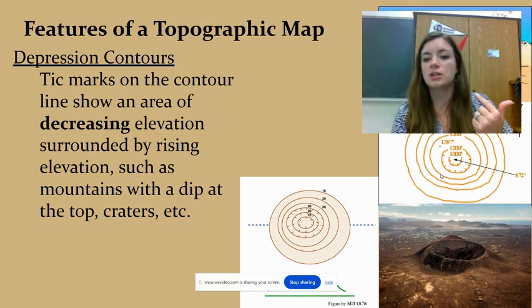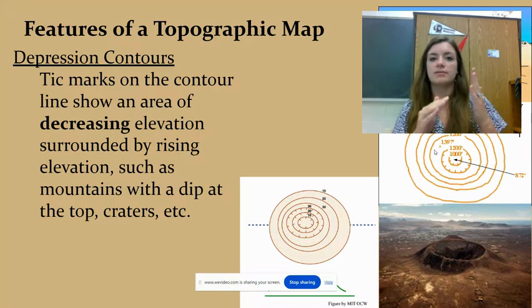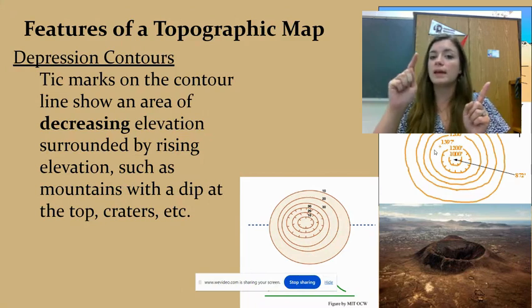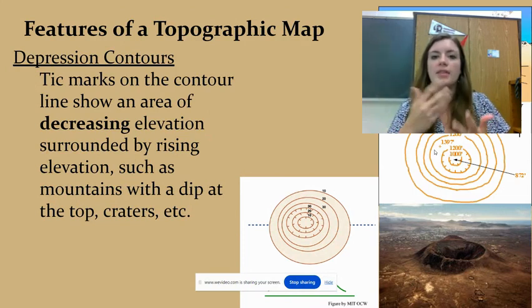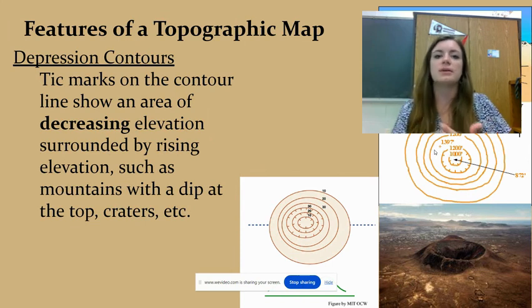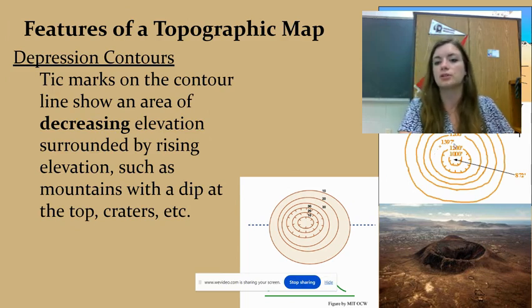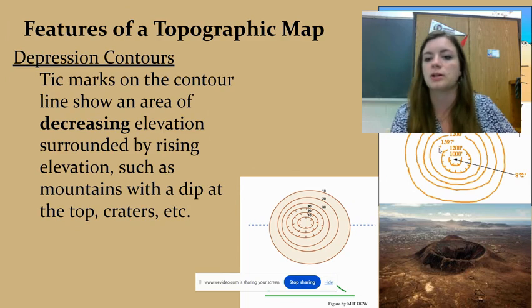So any location in the middle right here would again have some number in between. So not 12,000, not 1,200, but 1,201 all the way until 1,399, not 1,400. The reason why, again, that contour line is not present, so it has to be something less than that contour line if it were there, but something greater than the current contour line that is there. So hopefully that helps a little bit.